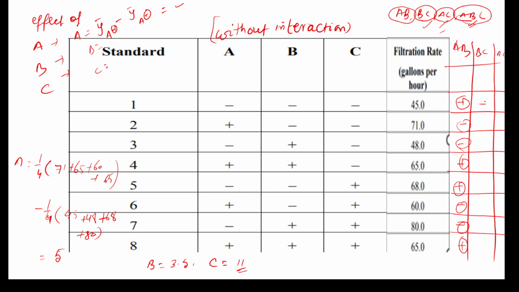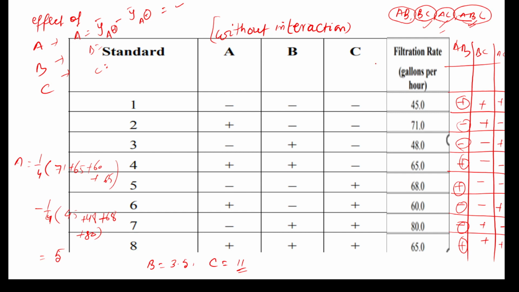BC: plus plus minus minus minus minus plus plus. If you talk about the AC: minus minus plus minus minus minus plus plus minus minus minus plus minus plus plus plus, then plus minus minus, then plus. So we got equal numbers of plus and negative.